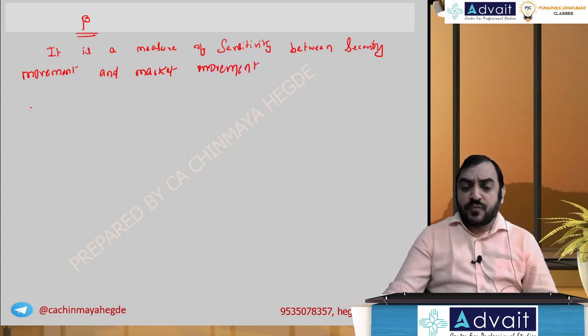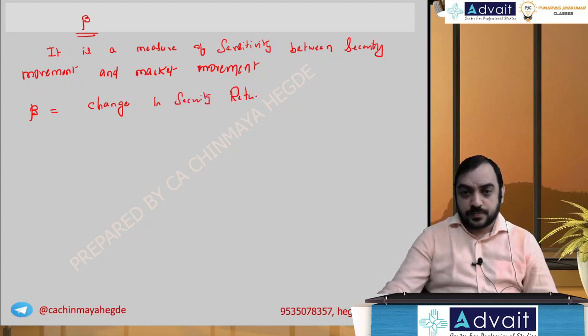Or the basic formula we also say like this: beta equals change in security return divided by change in market return.